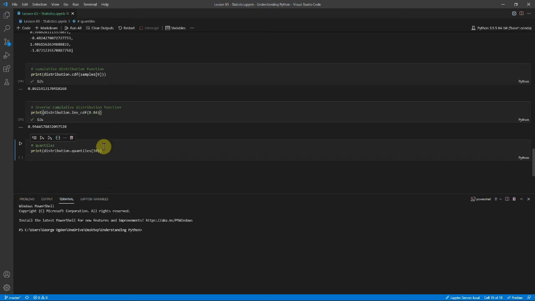And finally, we can break it into 10 quantiles, and you can see that these are the values it comes up with for the 10 quantiles. And because we've got 10 quantiles, that's saying 10% of data is between 0 and 0.253, and then 10% between here and here, 10% between here and here, 10% between here and here, and 10% above here.